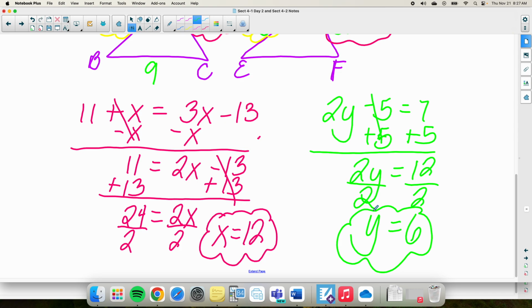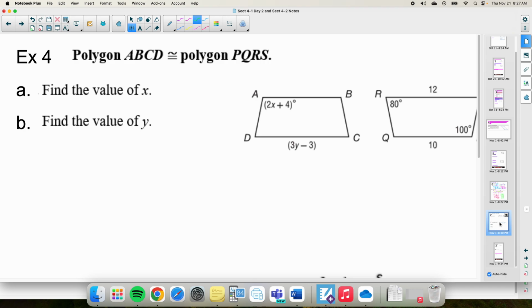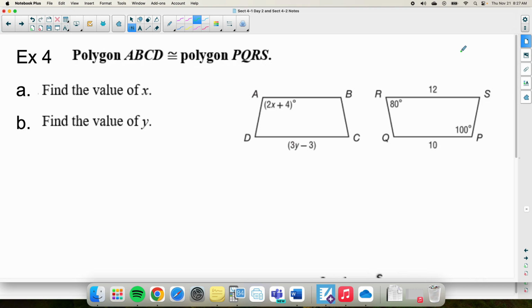Okay. All right, so now let's go to this page right here. And one thing I want you to realize when you look at this is that how this one is positioned and how this one is positioned is not the same. Like this one was kind of turned upside down.